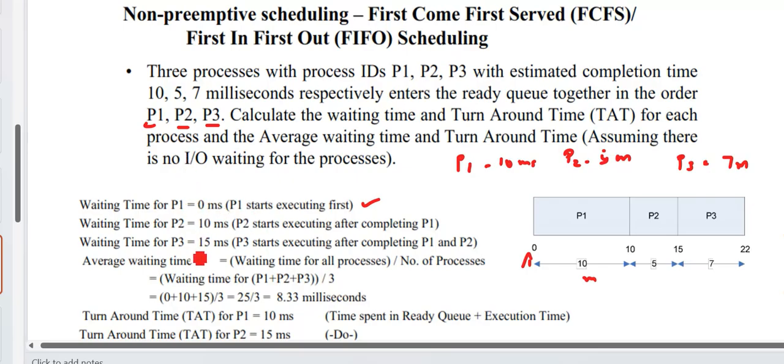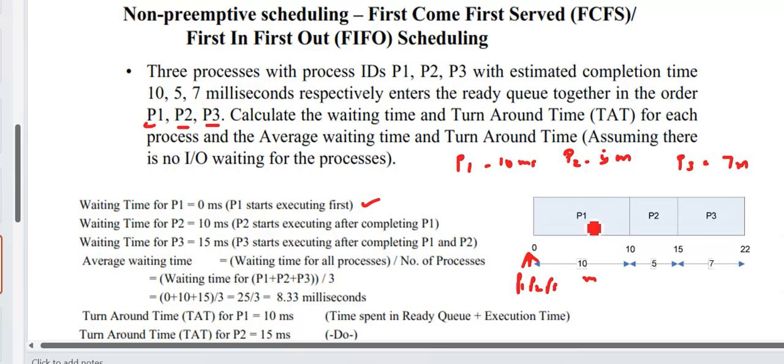Next, what is the waiting time for P2? Actually all three entered together in the order P1, P2, P3. First P1 came, so without waiting, P1 is 0. But even though P2 came together with P1, the CPU and resources, up to 10 milliseconds, are given to P1.